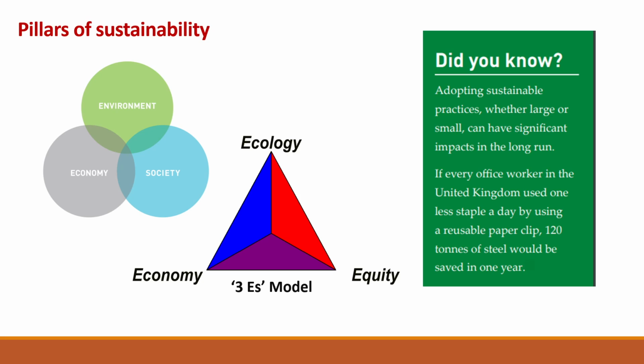Now there is a fact here. If you adopt sustainable practices, it can really make a difference in real life. There is an example, you can see it on the right hand side of the screen. It was estimated that if every office worker in the United Kingdom used one less staple a day, reusing paper clips and reducing the usage of staples, then approximately 120 tons of steel can be saved in 1 year.